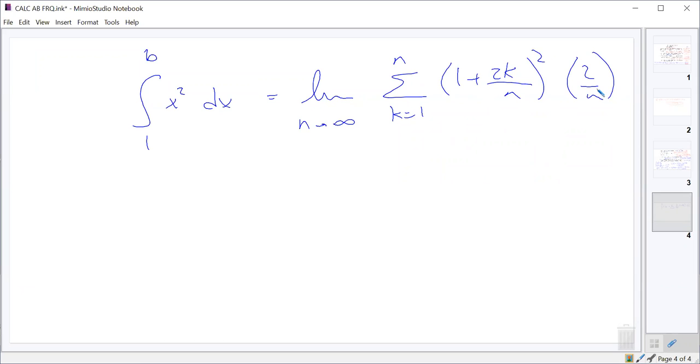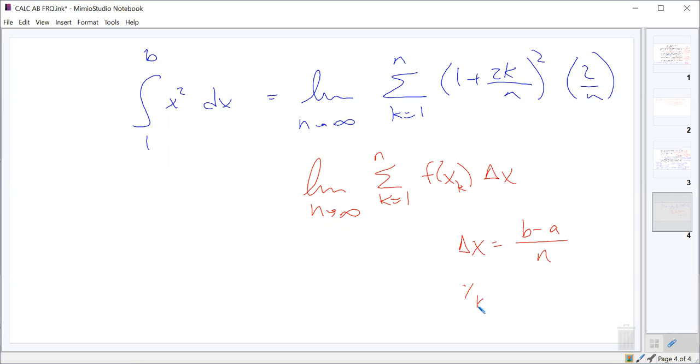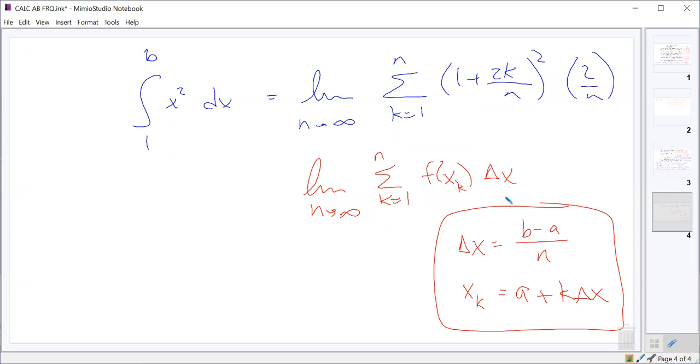And the basic form of the limit notation is always this: the limit as n approaches infinity of the sum from k equals 1 to n of f of x sub k times delta x, where delta x is always equal to b minus a over n, and x sub k is always equal to a plus k delta x. So these are the two formulas you need to know. We got these by taking right-Riemann sums and summing them infinitely together to find these values.